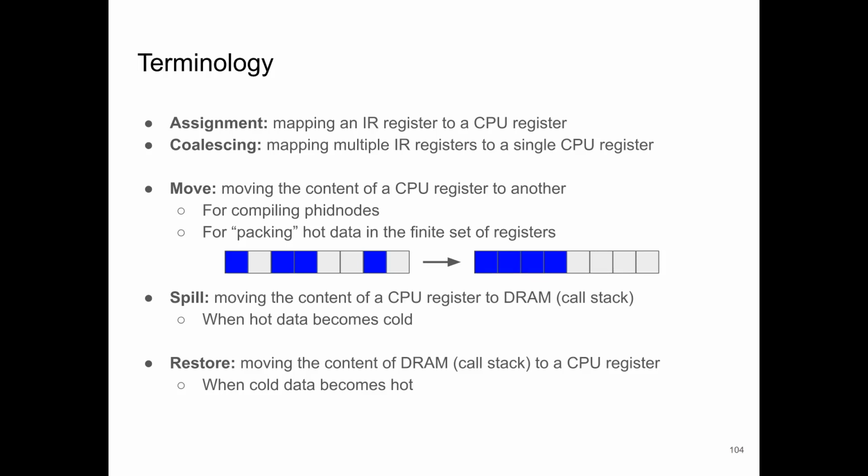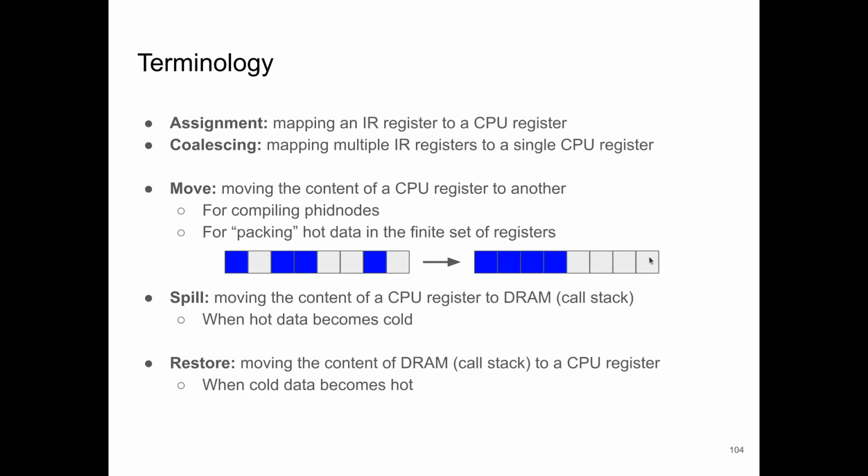But more importantly, this move is really necessary to pack hot data in the finite set of registers. So suppose that the blue ones are hot registers and hot data, and we probably need to use cold data in some structured way. For example, we'd like to use consecutive registers to hold the value, and so on.